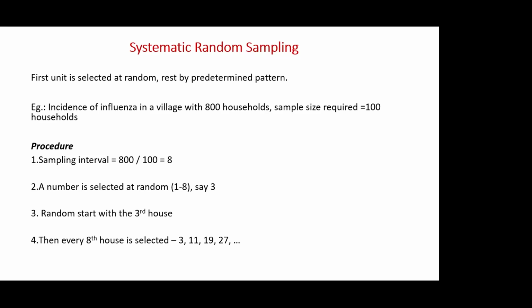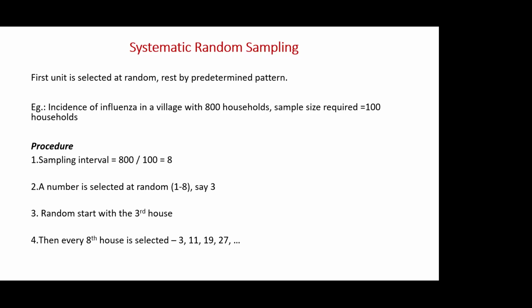So the third household would be selected, and the random start is the third house. Then systematically I go eight houses on from the third house. 8 plus 3 becomes 11. So I'll go to the 11th house, then the 19th house, then the 27th house. Like that I will keep proceeding.